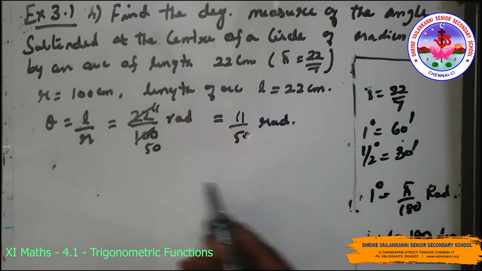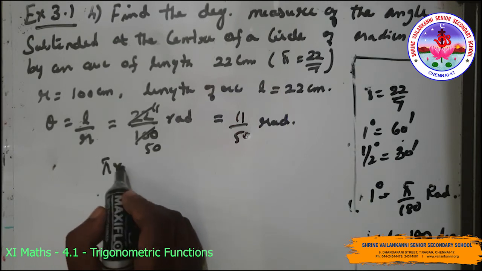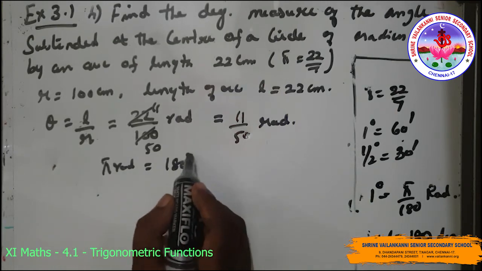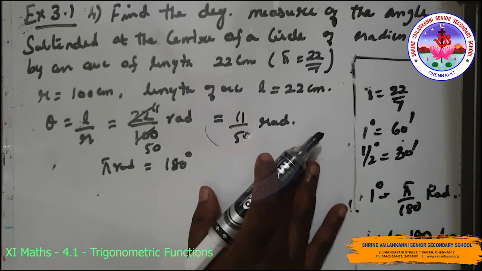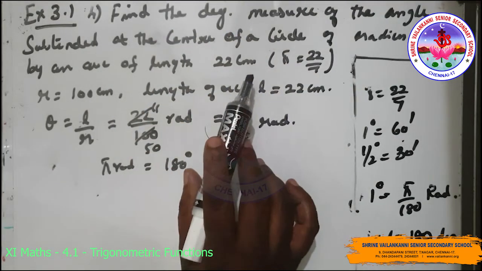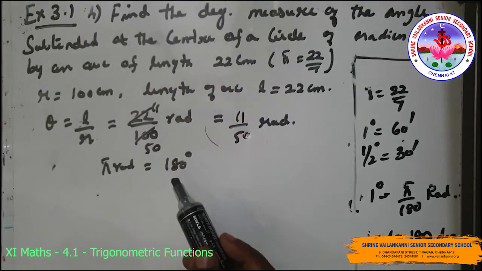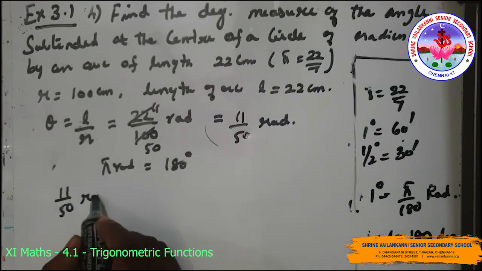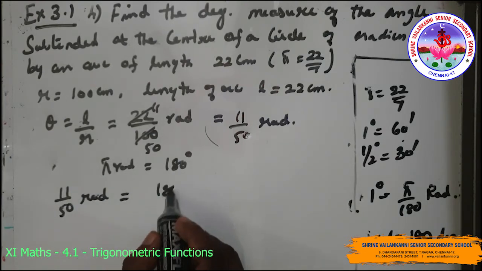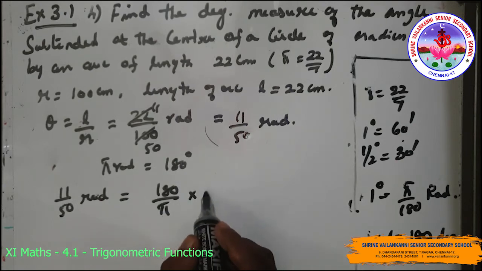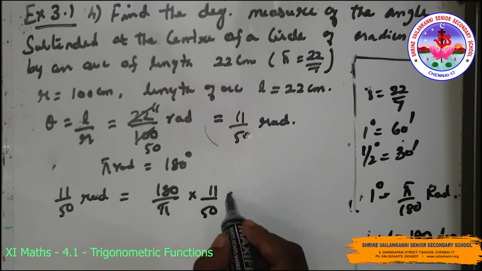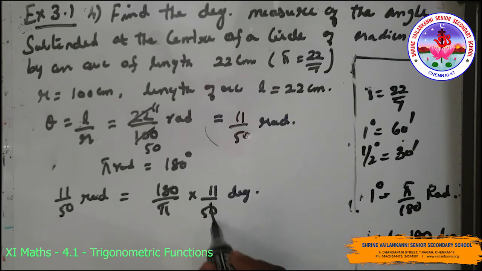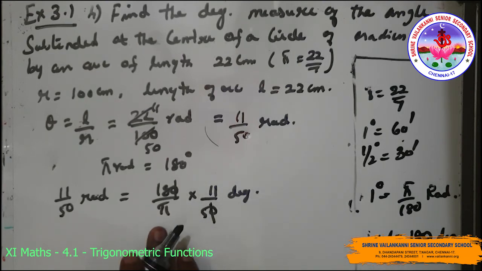So 11 by 50 radians. So what is pi radian? Pi radian is 180 degree. We have to convert this into degree measures. We have to find the angle in degree measures. So 11 by 50 radians, which is equal to 180 by pi into 11 by 50 of degree measures. So the zeros cancel, and we have to write pi as 22 by 7.